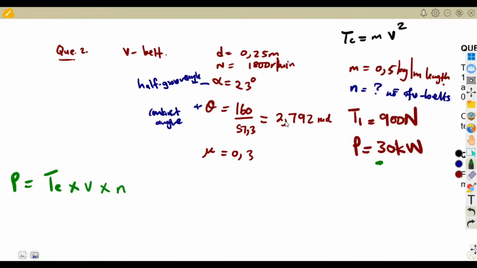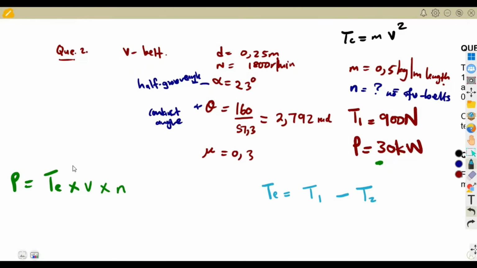We do not have the velocity. We need the effective tension. We do not have this effective tension. We are just given T1. But we know that the effective tension, which is TE, is the difference between T1 of the tight side minus T2 of the slack side. That is what we know.